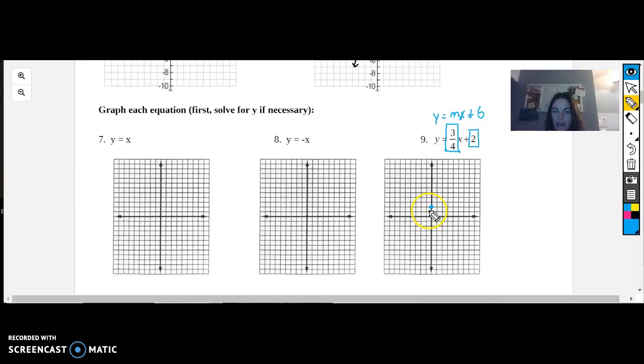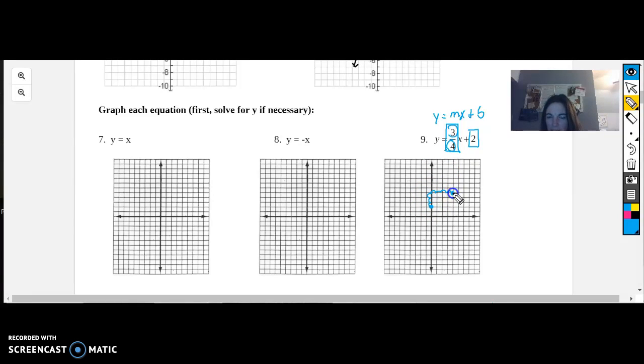Okay. Now I also know that this is going to go up 3, 1, 2, 3, because it's rise over run, and a run of 1, 2, 3, 4.